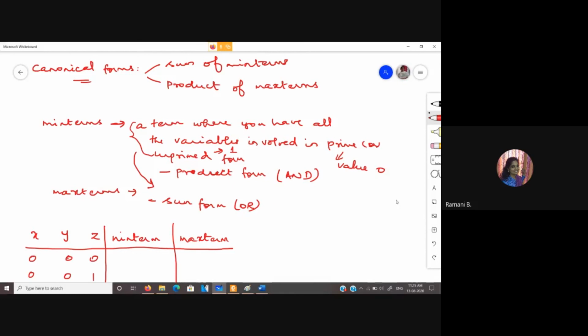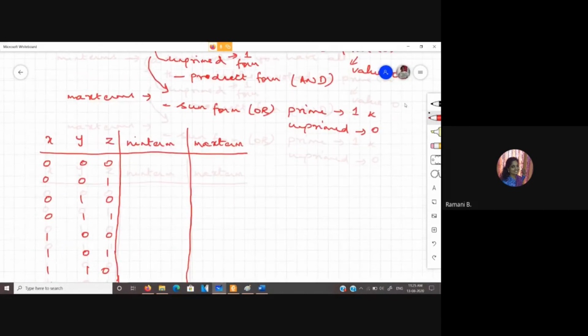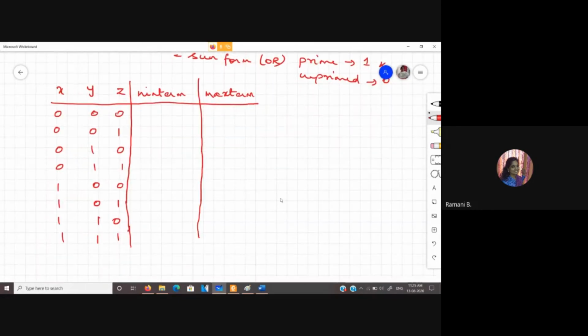Whereas in max terms, the primed variable has value 1 and the unprimed has value 0. Let us see what that means.